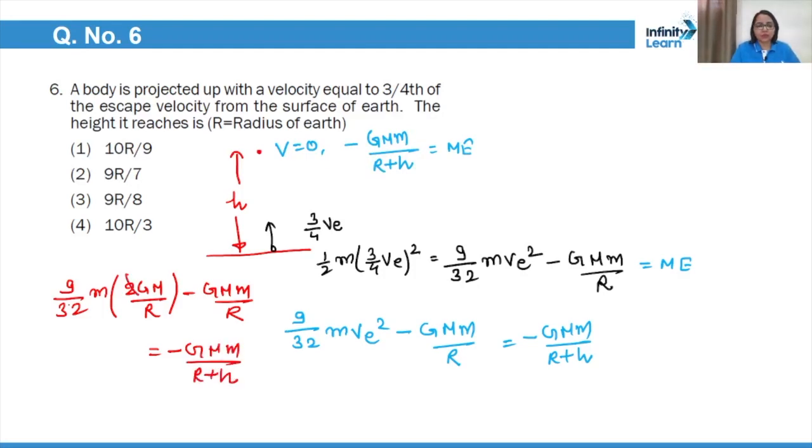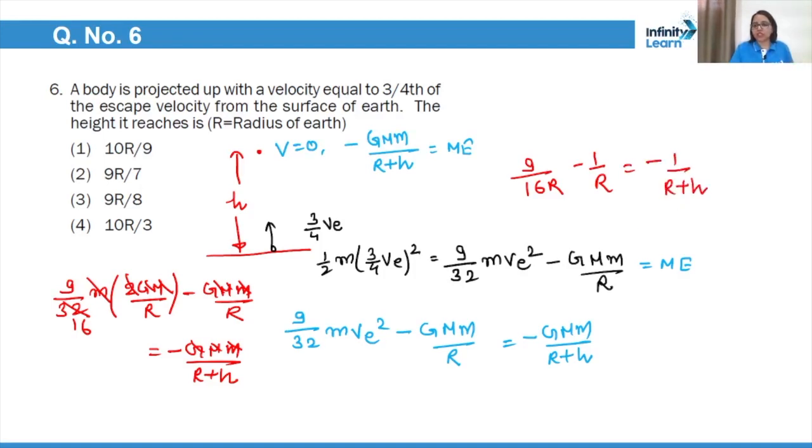Okay, so this will become 16. You can cancel G M m from each term. So you'll get 9 upon 16 R minus 1 upon R is equal to minus 1 upon R plus h.